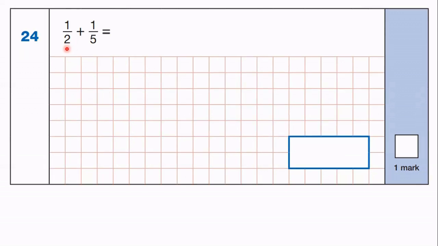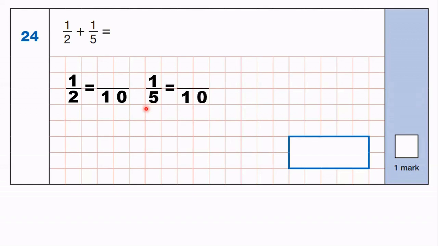Question 24, 1/2 plus 1/5. To add fractions, we need the denominators to be the same, but 5 isn't a multiple of 2. 5 isn't in the 2 times table. So this means we need to change both fractions. 10 is in both the 2 times table and the 5 times table.